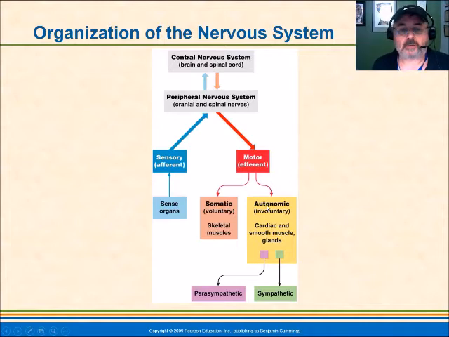We also have the autonomic. When I think autonomic, I really think automatic, because this is stuff that we really don't think about very much at all. We've got the parasympathetic and the sympathetic. Parasympathetic is what we refer to as rest and digest, and the sympathetic speeds us up.